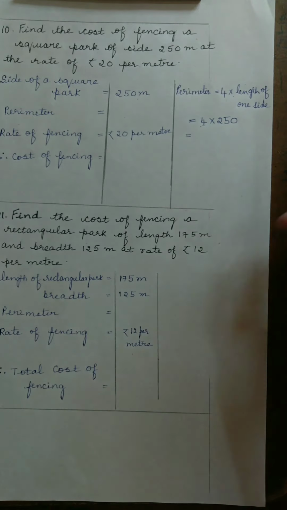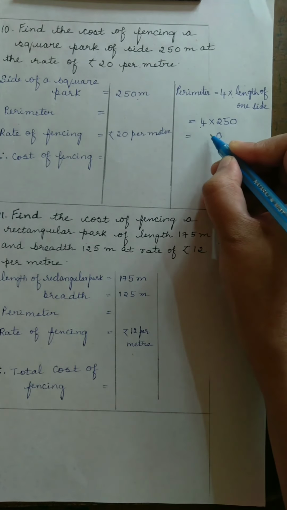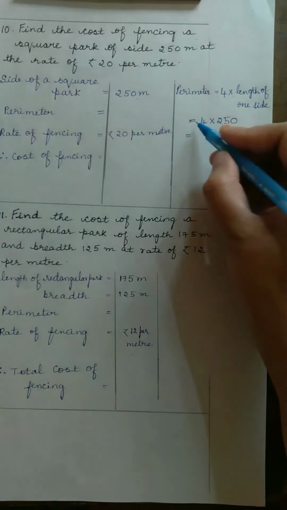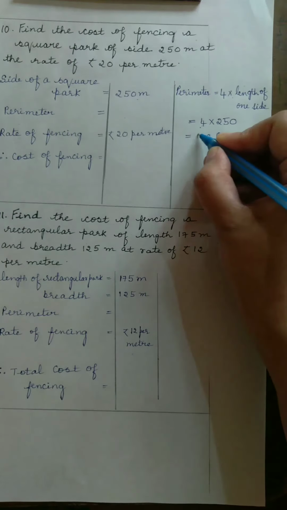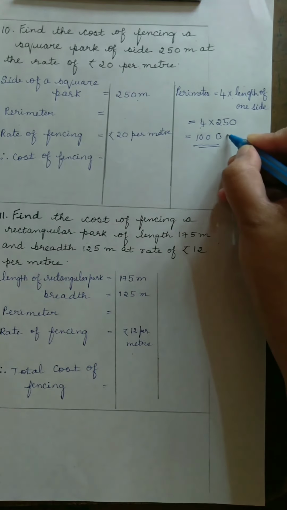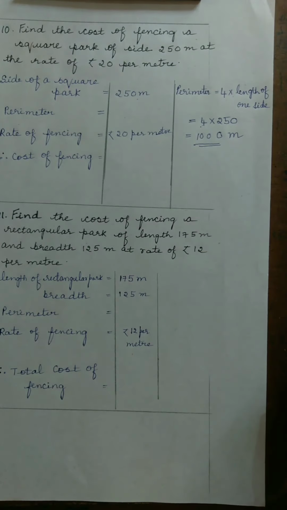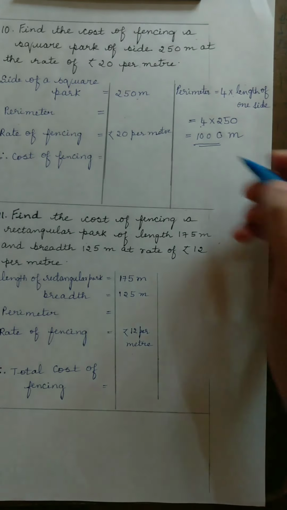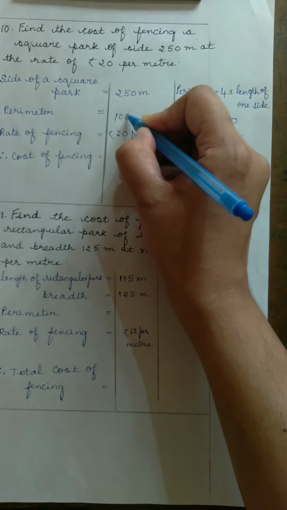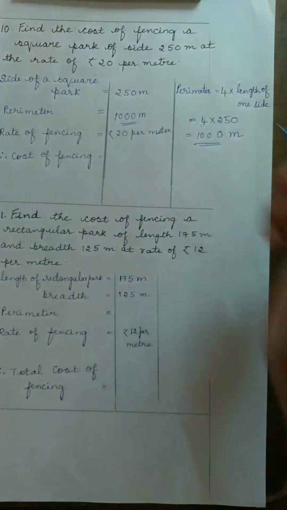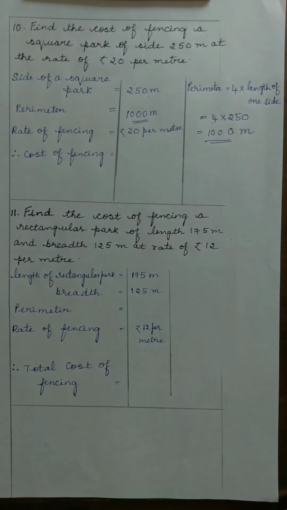So 4 into 250. 4 zeros are 0, 4 5s are 20, 2 remaining, 4 2s are 8, 8 plus 2 is 10. Therefore children, the perimeter of the square park is equal to 1000 meter.